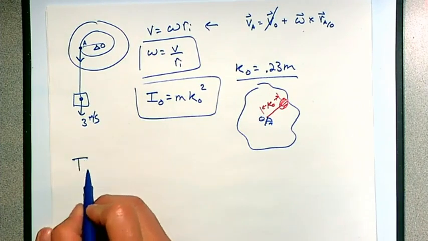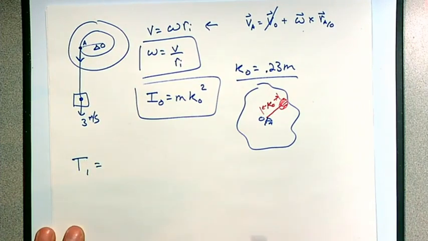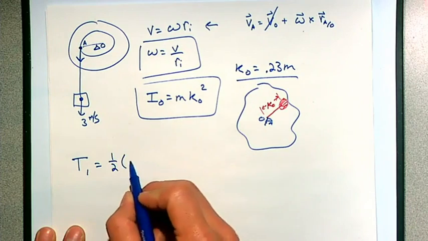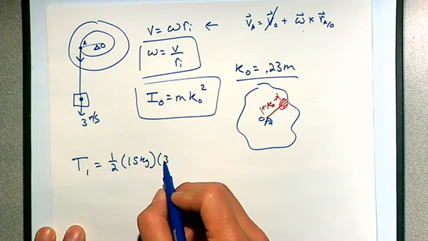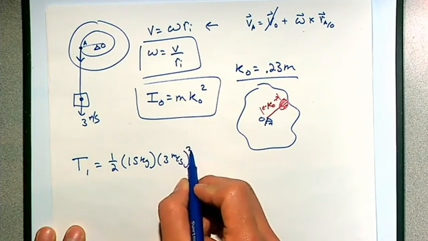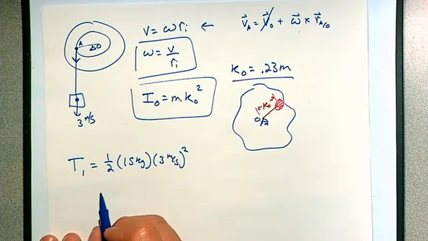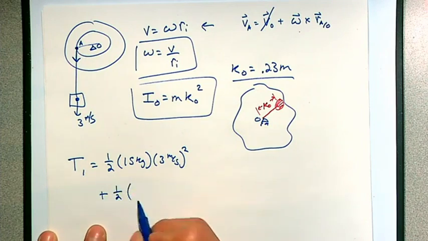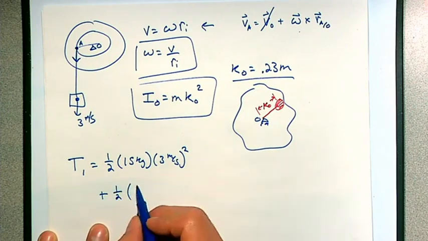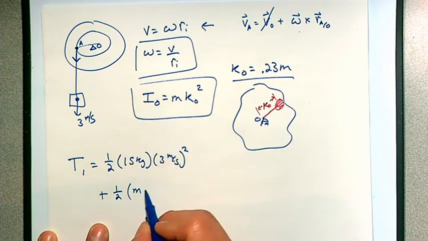So our kinetic energy, this one we've got now, half MB, 15 kilograms, velocity of B, 3 meters per second squared. Plus my rotational term, half I sub O. That's this guy. Nope, I know it now.